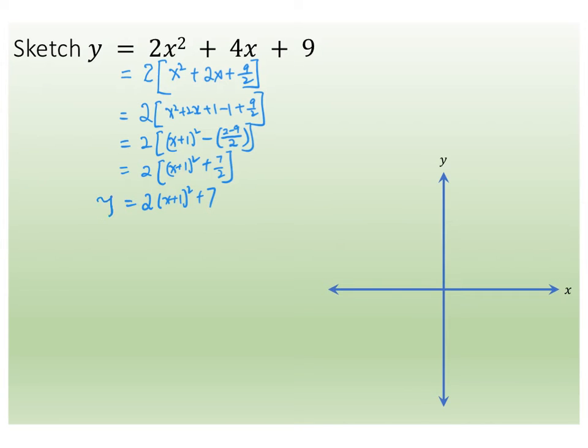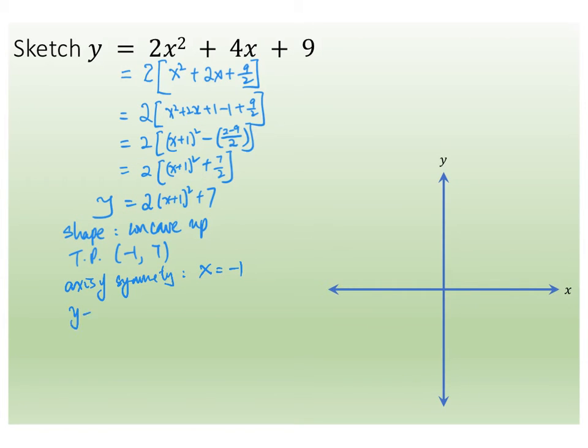Alright, so if I write that down, you can see that this is the turning point form. Starting off with the shape, concave up. Turning point is actually minus 1, 7. And then the axis of symmetry is actually x equals minus 1.